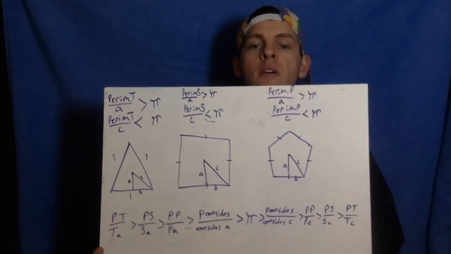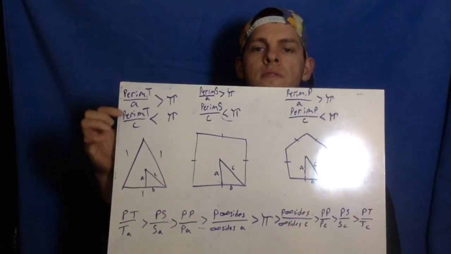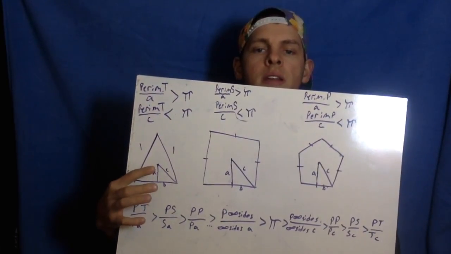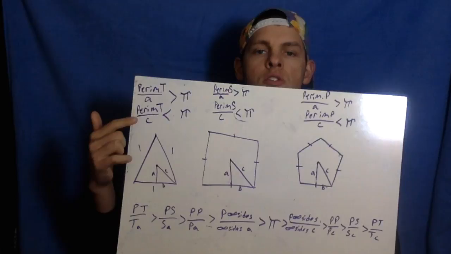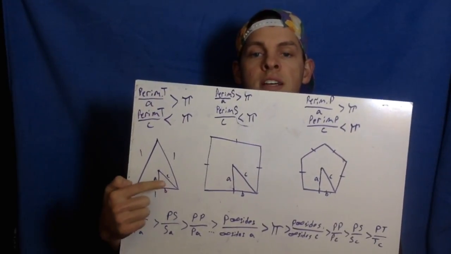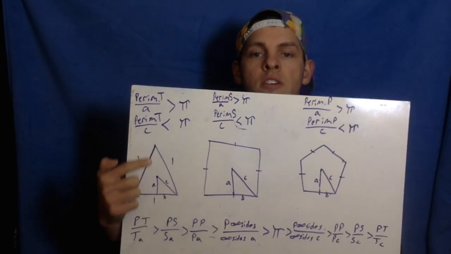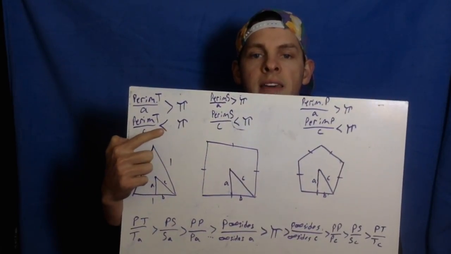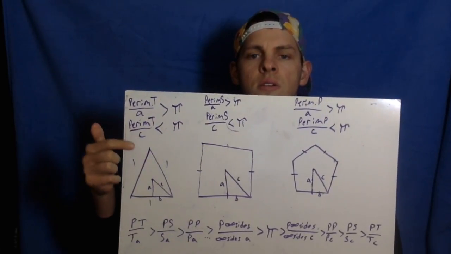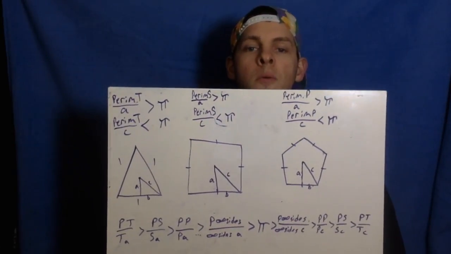So for the triangle, the ratio of the perimeter versus A, the center to the side, should be greater than pi. The ratio of the perimeter versus C, the center to the corner, should be less than pi. And as we go on, it should continue that way, getting closer and closer to pi as we add more sides.